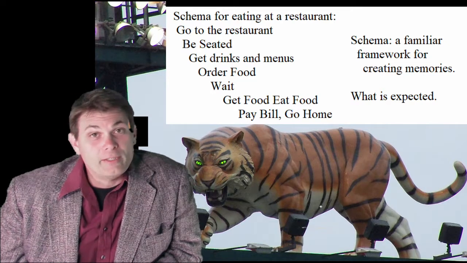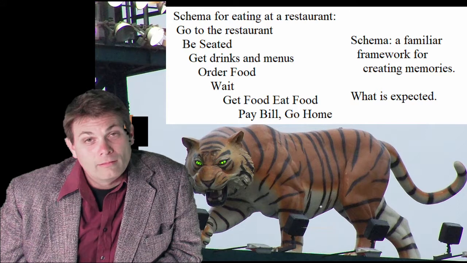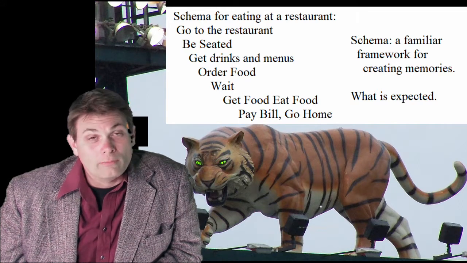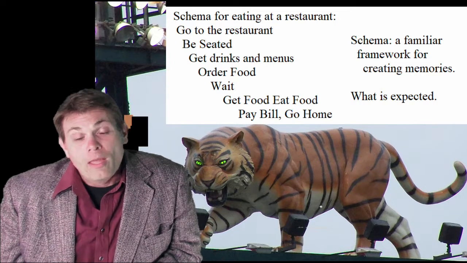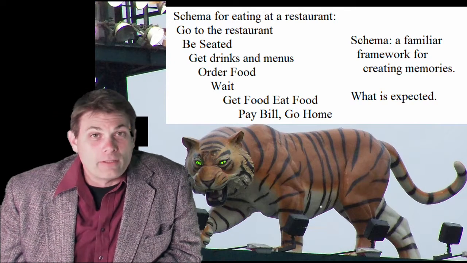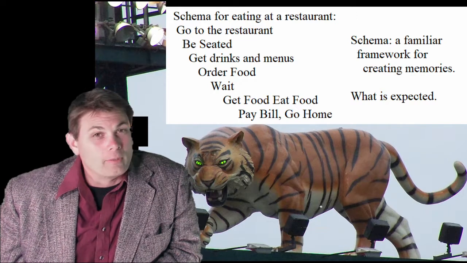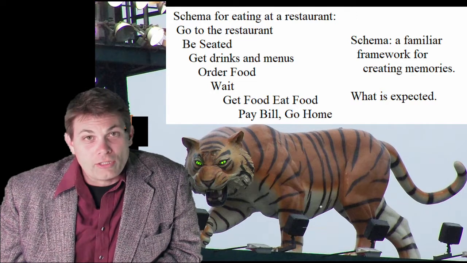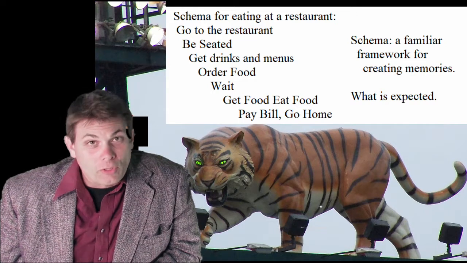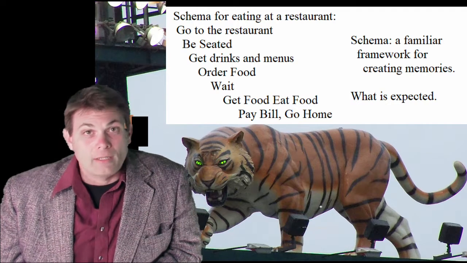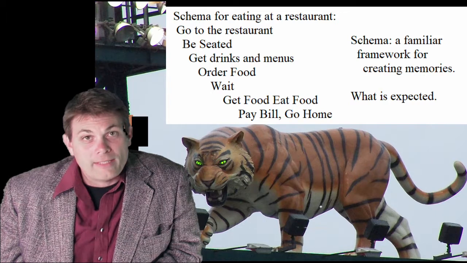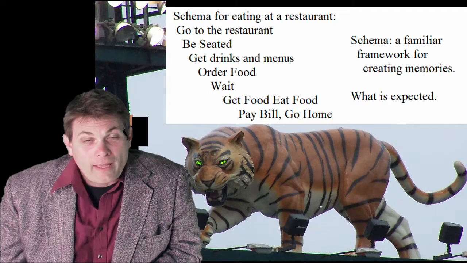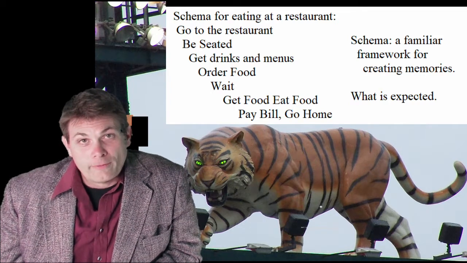Then you get your food, then you eat. Then you leave and you go home. Oh, no, wait. You pay your bill, then you leave and you go home. Because if you miss any one of those, you're going to notice, wait, that's wrong. And the procedure in creating these memories, this shortcut, is called a schema. They're patterns in long-term memories to help facilitate memory or make memory work faster, to organize the information.